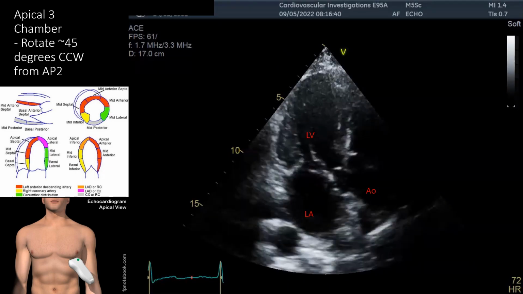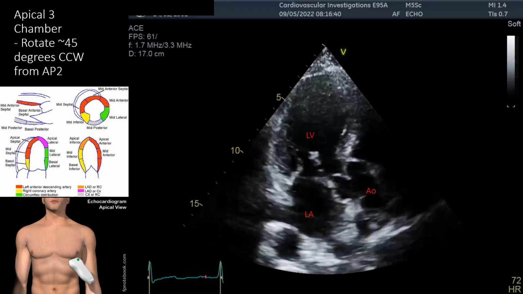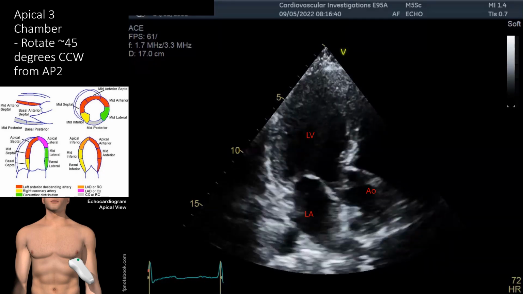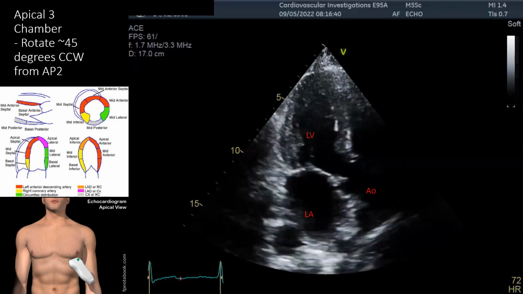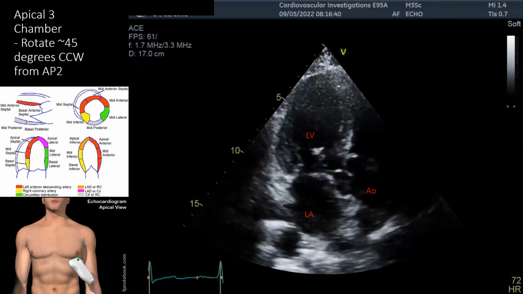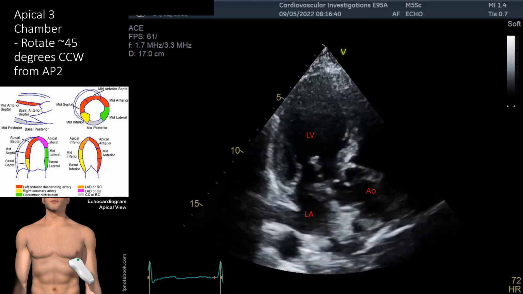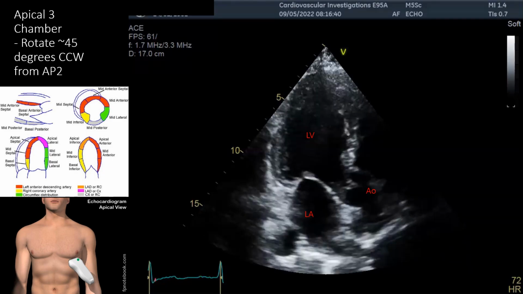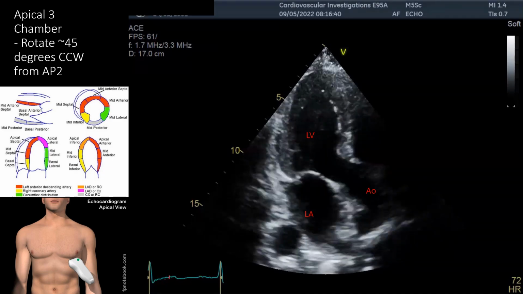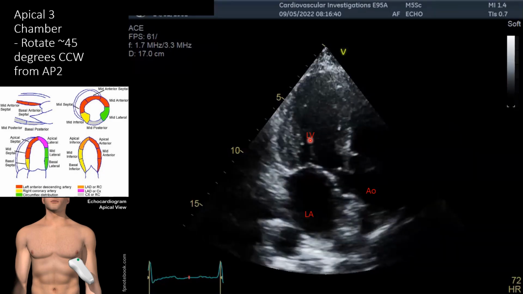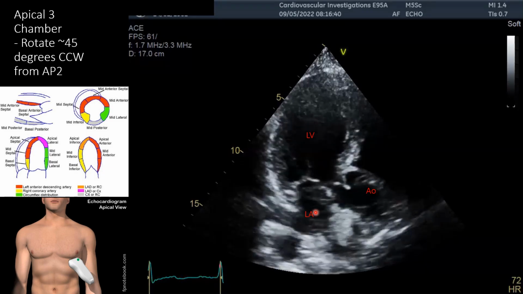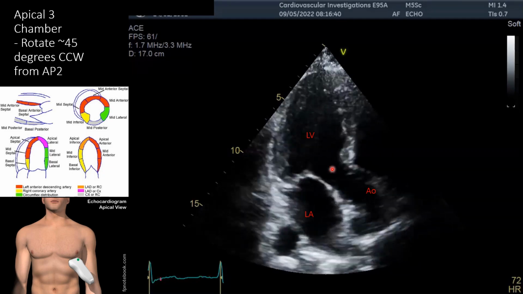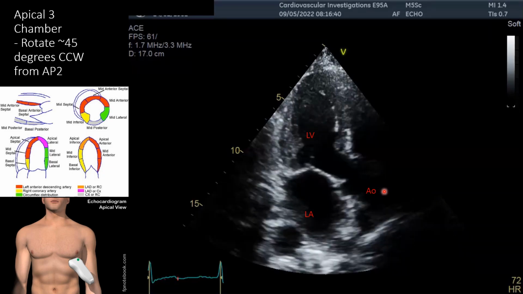And now we move to the apical 3-chamber view. This is a further approximately 45-degree counterclockwise rotation from where we had ended up on the apical 2-chamber view. As we can see on the screen, we're now seeing the left ventricle separated from the left atrium by the mitral valve, and the aortic valve with the aortic outflow.